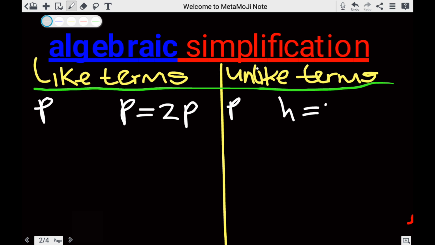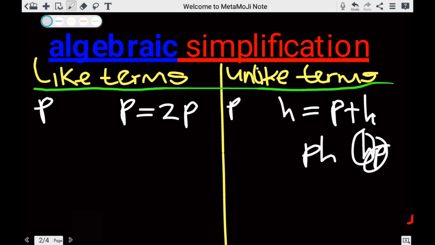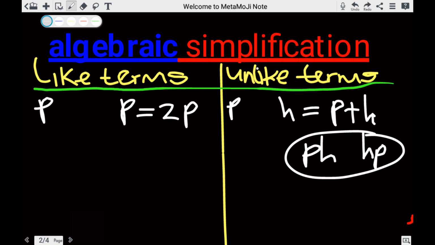You will say there is 1 pencil, and the plus sign is the meaning of "and", 1 house. So this is what you should write down. Don't write it as PH or HP, that is house and pencil. That is wrong basically. You need to avoid this mistake.